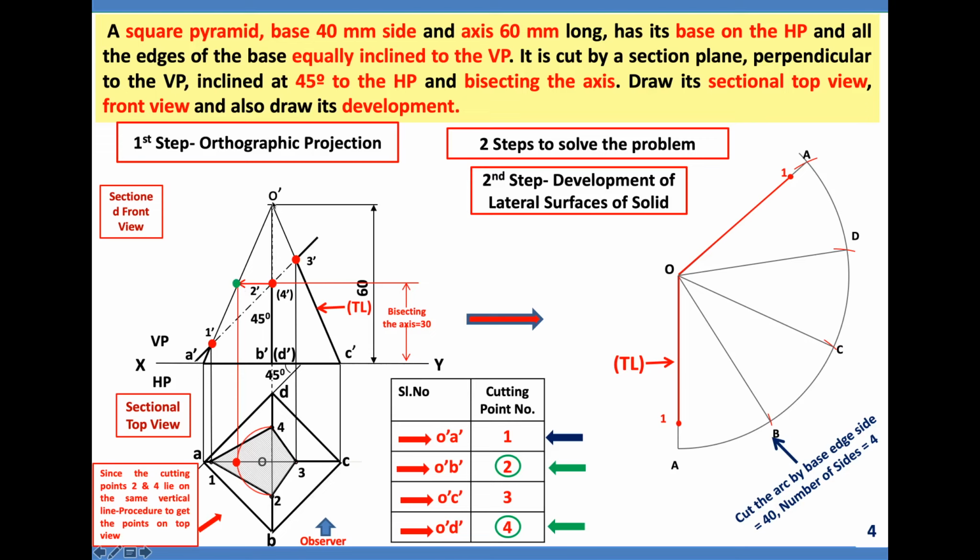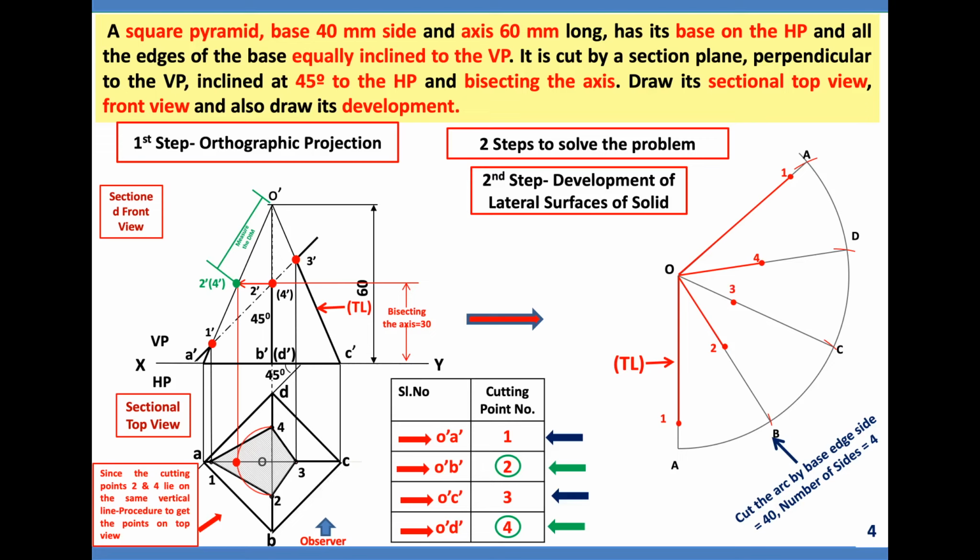Take the compass, O' center and this as the dimension, where I have represented in green color 2' and 4'. With this as dimension, mark it here. Which will be 2 and 4. Next, 3, direct from O' to 3'. Direct measurement and mark it on C.